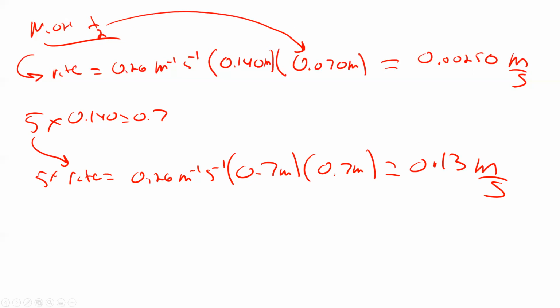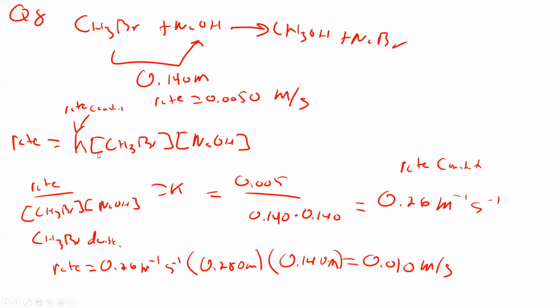So I have a question in the chat about units for K. Let me go to the previous screen. This rate is in molar per second, and here these are in molar.